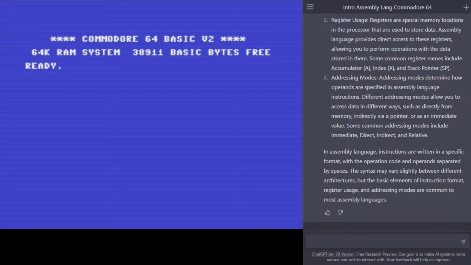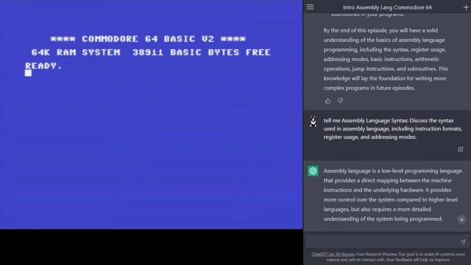In assembly language, instructions are written in a specific format, with the operation code and operands separated by spaces. The syntax may vary slightly between different architectures, but the basic elements of instruction format, register usage, and addressing modes are common to most assembly languages.